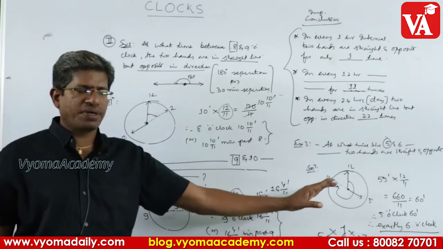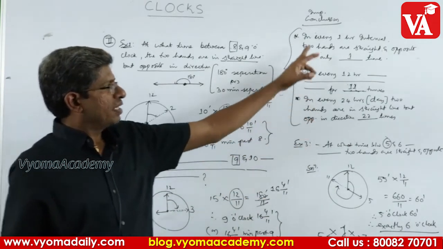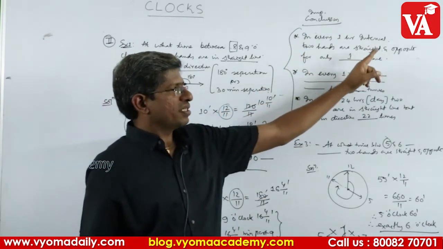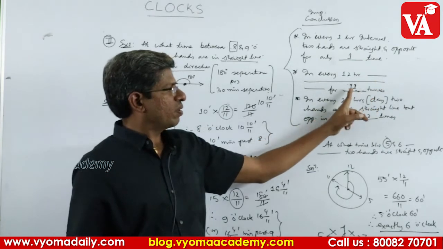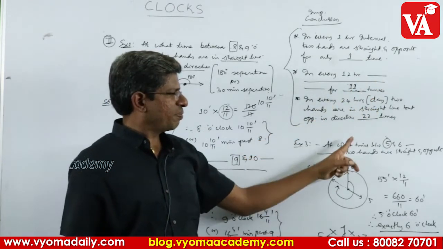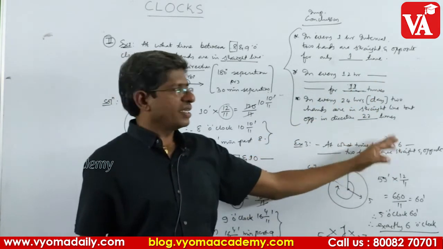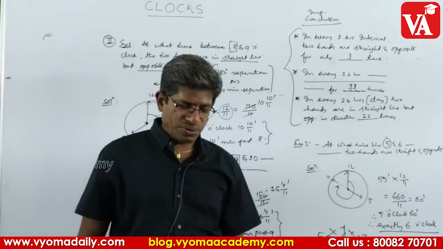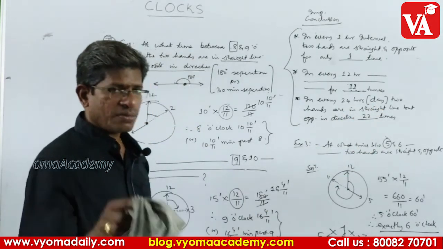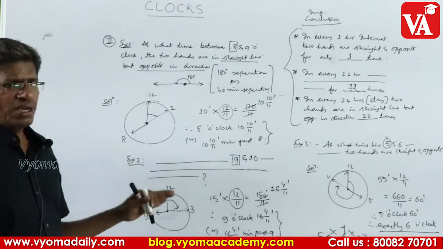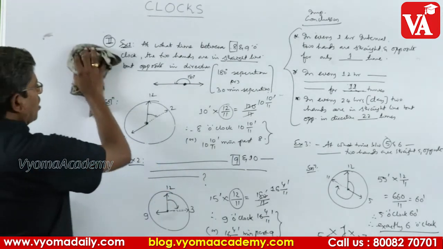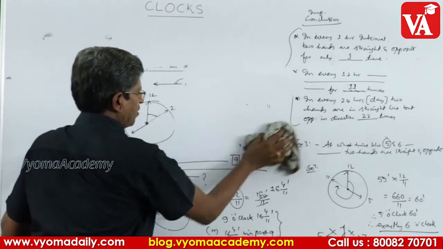Finish the simplification, and the conclusions are every 1 hour the 2 are straight opposite for 1 time, 12 hours, not 12 but 11. I have given the example here for the proof, and in a day how many times? 22 times.